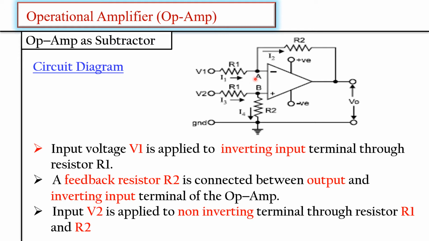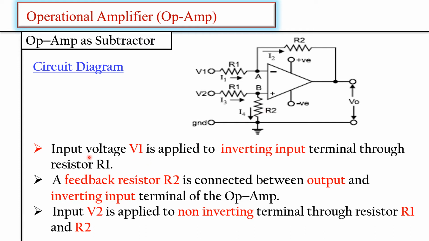Then we saw the inverting adder, in which we applied more than one input to the inverting terminal and the non-inverting terminal was grounded. In the subtractor or differentiator, here we apply the input to both the terminals, inverting as well as non-inverting.